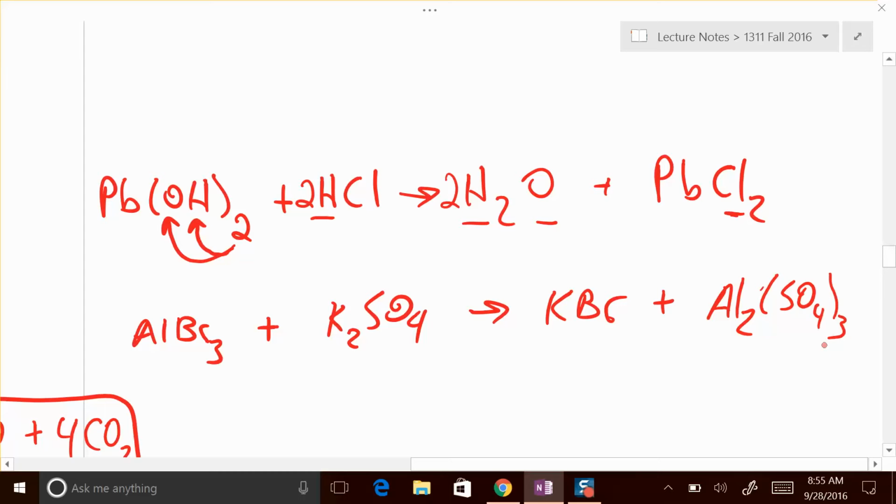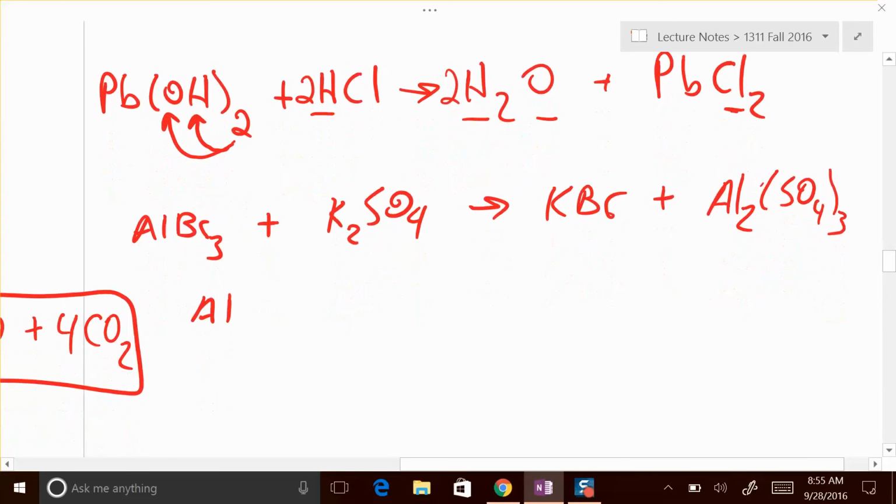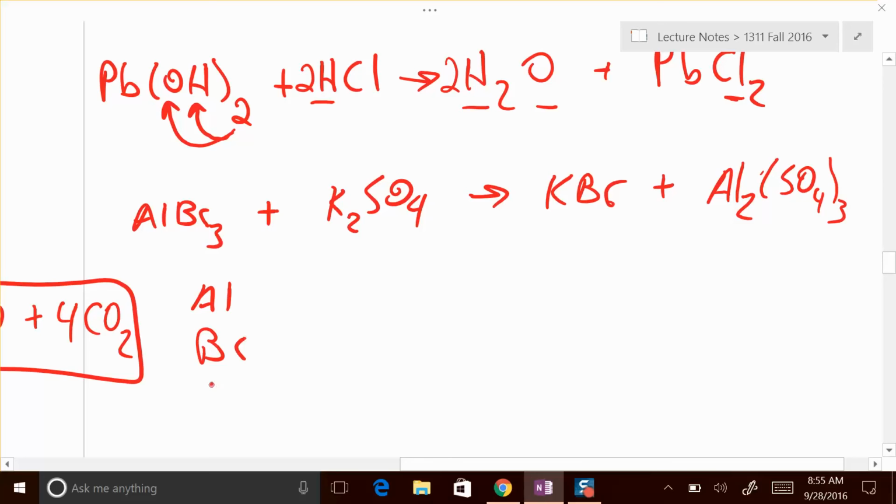Okay? So what I would do when I make my chart for this is I wouldn't go Al, Br, K, S, and O. I would say Al, Br, K, and SO4. I leave the sulfate together because it's on both sides. It's here and it's here.